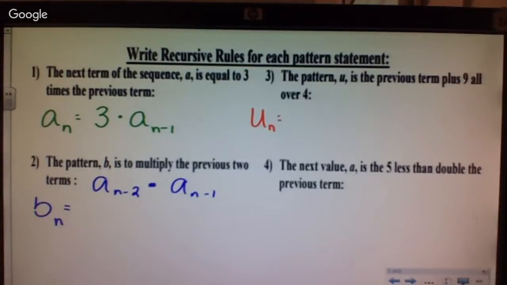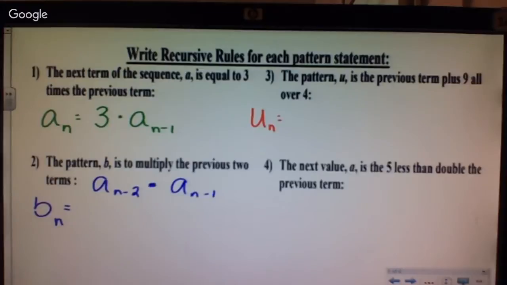All right. Number 3 says the pattern u. So it's u sub n. But we never even finished 2. That's it. So can I figure this one out? Okay. I think u sub n minus 1 plus 9. Okay.